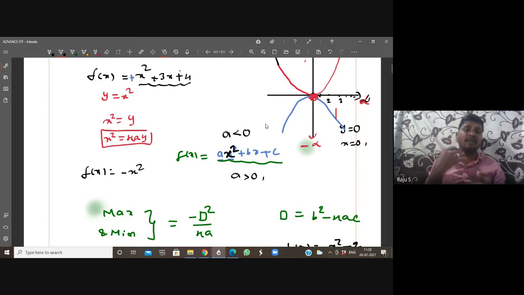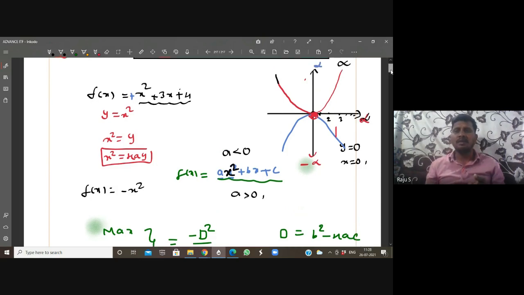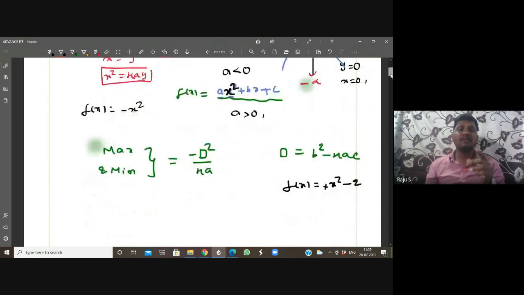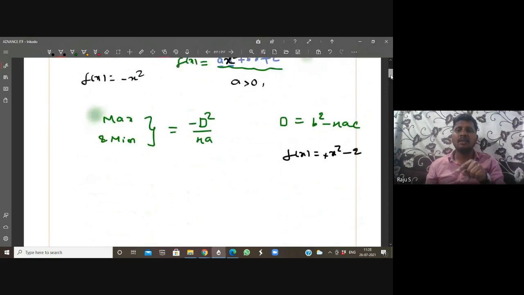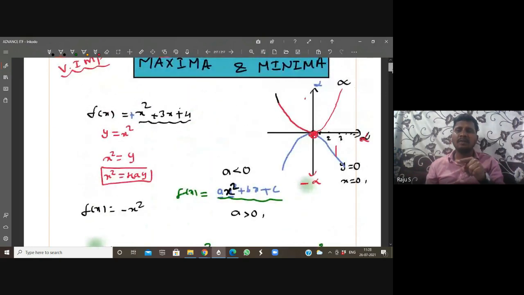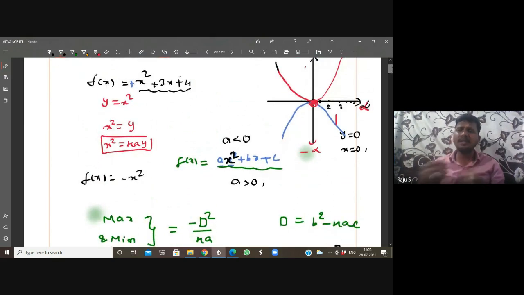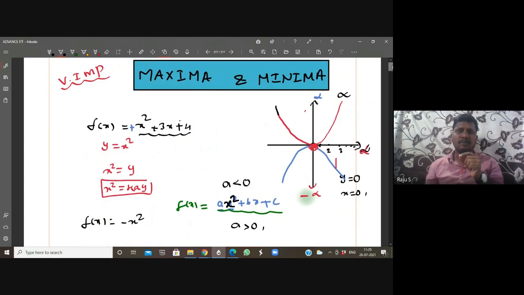How to find that minimum value at the particular point, I will explain later. If the x square coefficient is positive, the given function will give a minimum value. If the x square coefficient is negative, the function will have a maximum value. That you have to remember. I will tell you mathematically how to find maximum and minimum values.